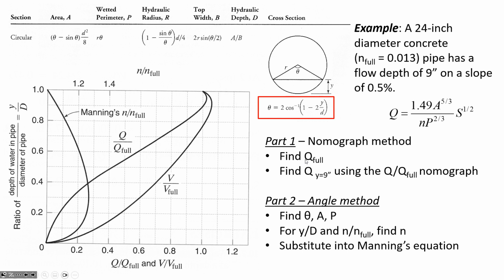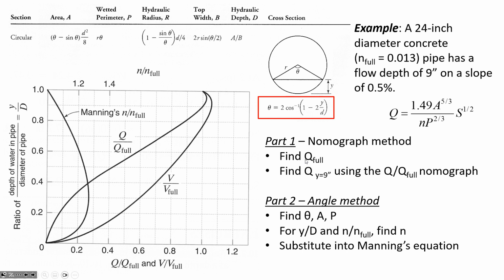Now it's just a coincidence that it's intersecting those two lines together. Don't read into that at all. The curve that we're interested in is this one. So 0.375, intersect the curve, and now we're coming down to the horizontal axis, and that ratio is Q to Q full.